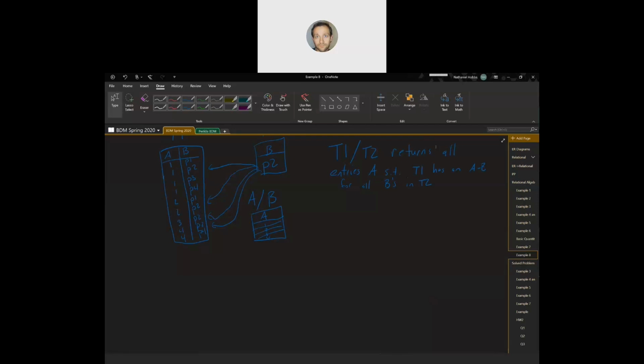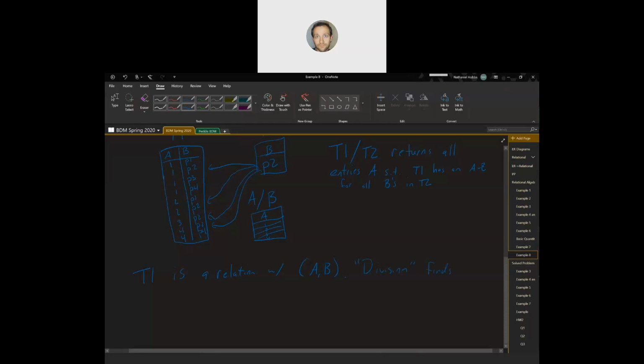So T1 is a relation with A and B. Division finds all values of A in T1 that are connected with values B in T2.